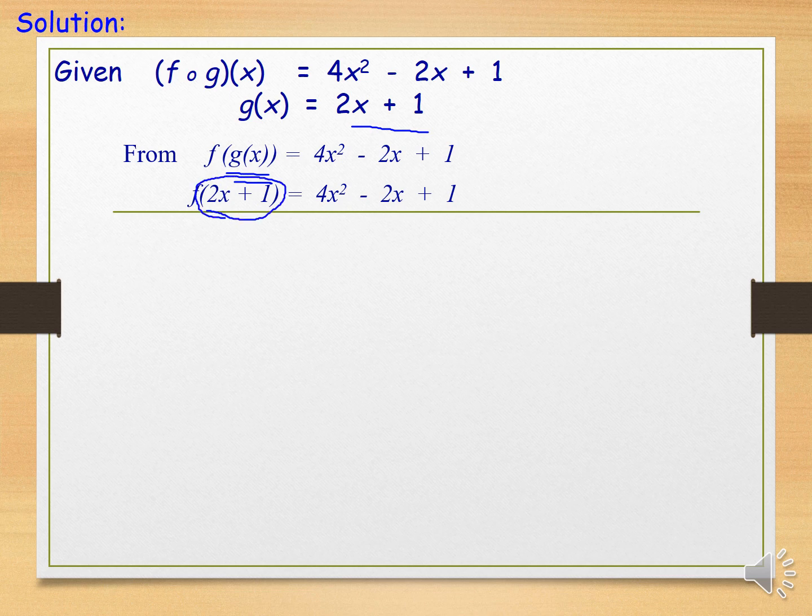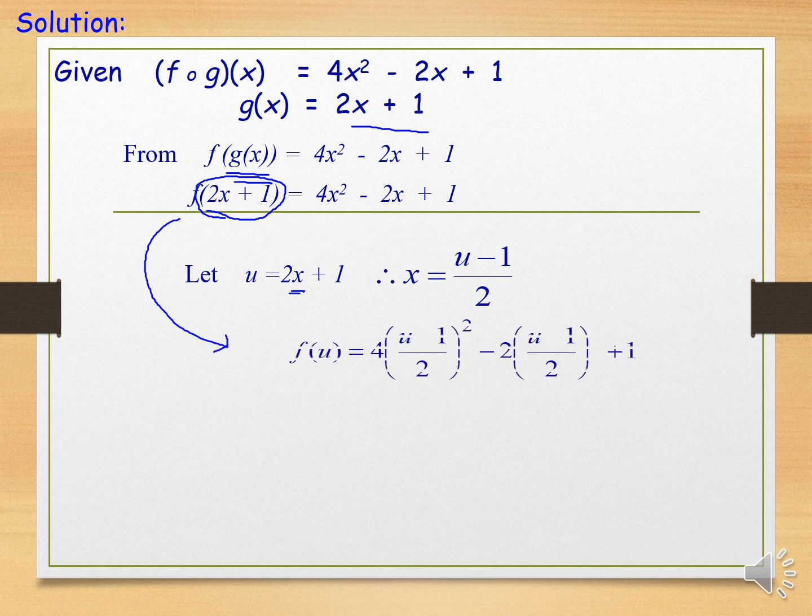We want the input for f as a single variable. So we let 2x plus 1 equals u. Since function f is in terms of x and the new input now in terms of u, we let x as the subject. x equals (u minus 1) over 2.